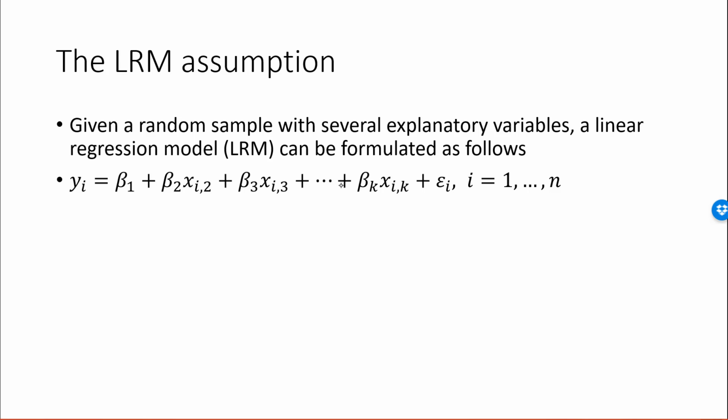Then plus dot dot dot, because in between comes, well, you can figure it out, beta 4 xi 4 and so on, all the way up to the final explanatory variable, which we denote by xi comma k, and that has a parameter of beta k. So this whole part is the deterministic part, and then we tack on the error term to make it possible for yi to also depend on other stuff that we don't measure.